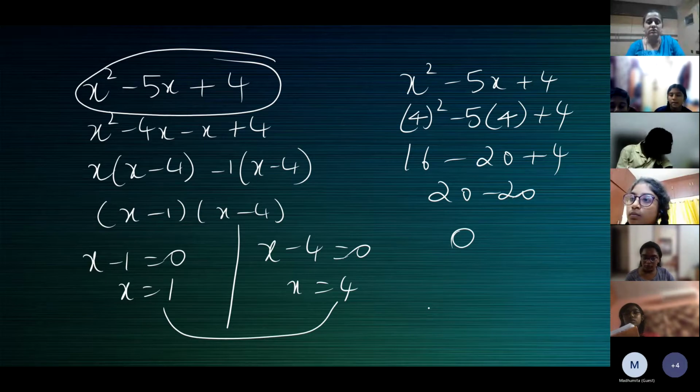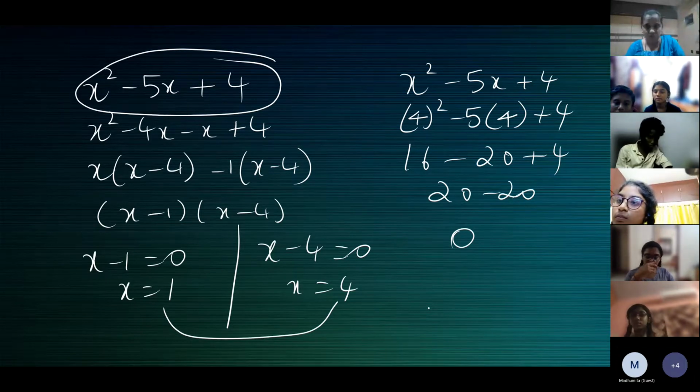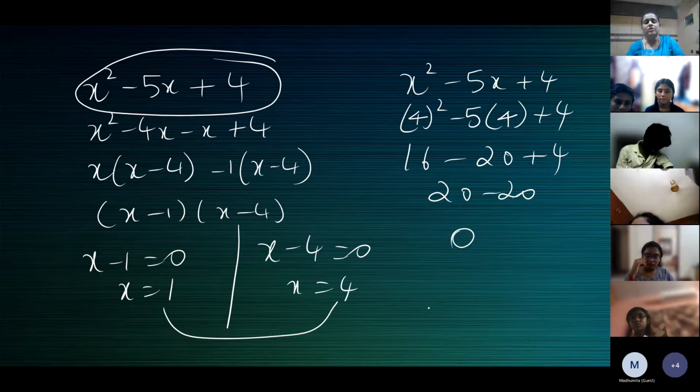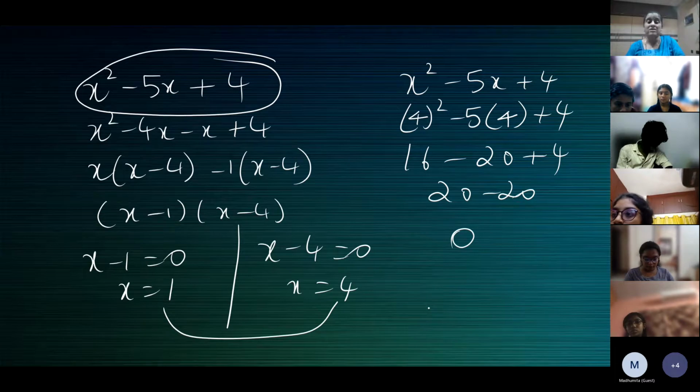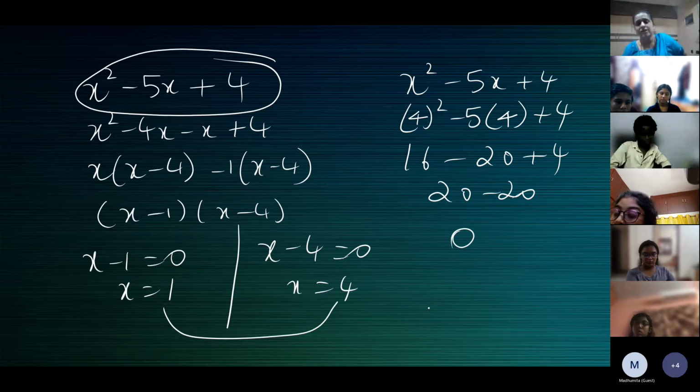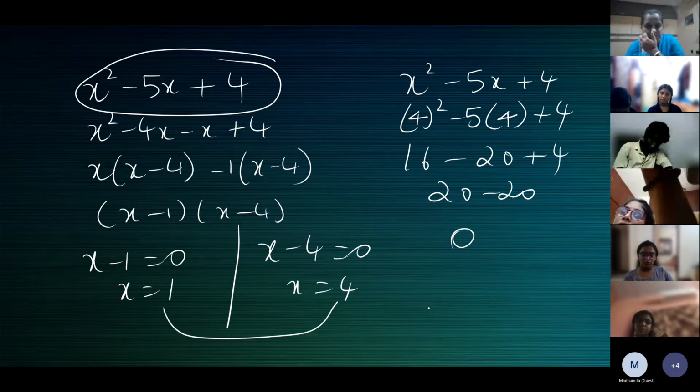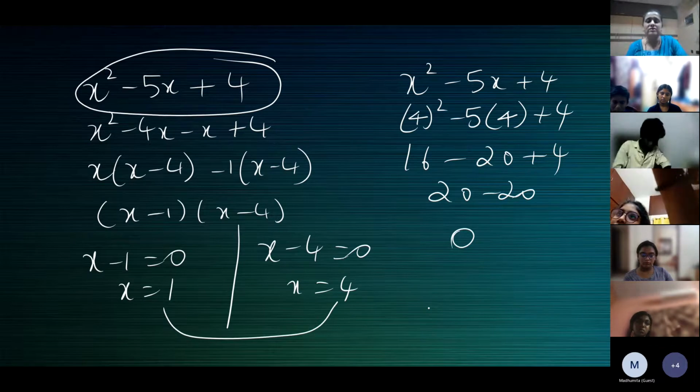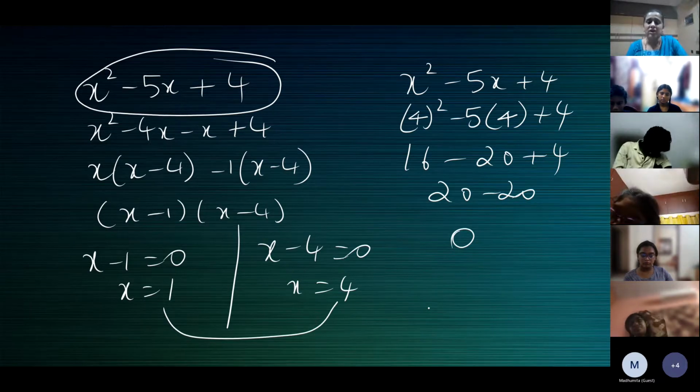Only when x is 1 or x is 4, the value of x square minus 5x plus 4 will be 0. So this is an example where a quadratic polynomial has two zeros. And since a quadratic polynomial has a maximum of 2 factors, it cannot have more than 2 zeros.